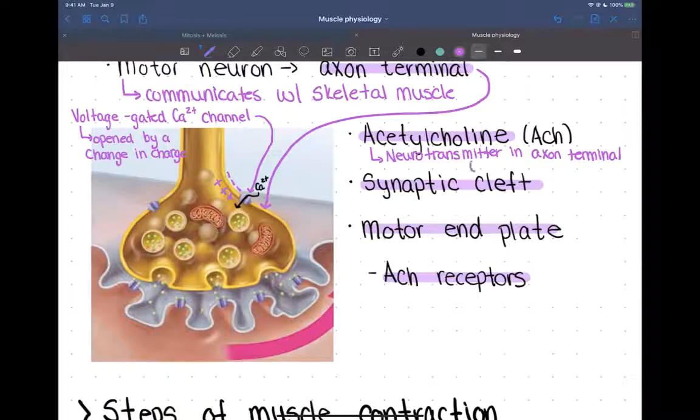It's located in vesicles, just those little bubbles. That's what these little green dots inside here are, the acetylcholine. Calcium comes in and triggers those vesicles to move towards the membrane for exocytosis. So calcium triggers exocytosis of these vesicles containing acetylcholine.